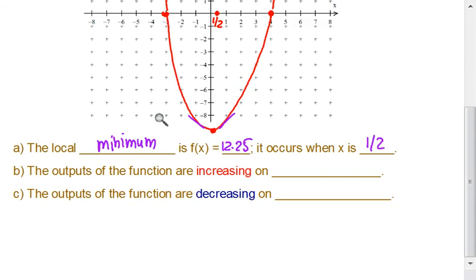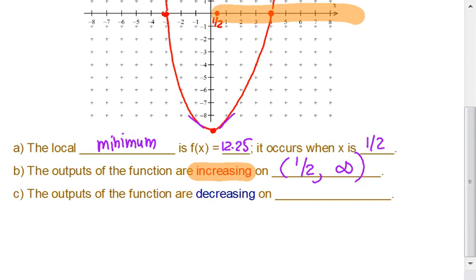Next, the outputs of the function are increasing when the graph rises from left to right. And that's happening for these values of x to the right of 1/2. So let's write when you're at 1/2 all the way to infinity, the graph's going to rise.